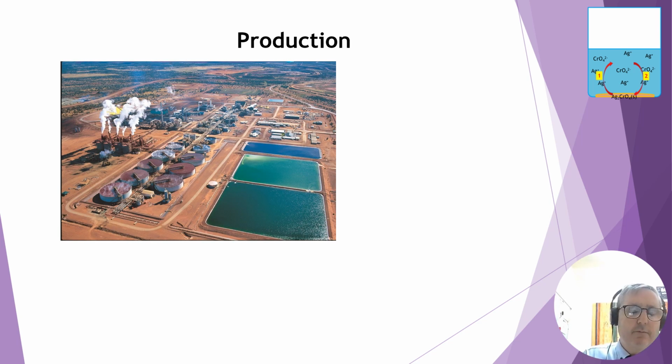Now here is a picture of a facility where they are taking the rock that contains the metal cobalt and refining it to get it into the pure form of cobalt. Notice on the bottom right there are big ponds. These ponds are used to hold the waste that comes off when the production process is happening.